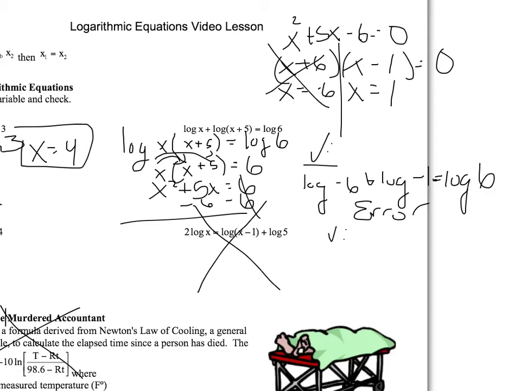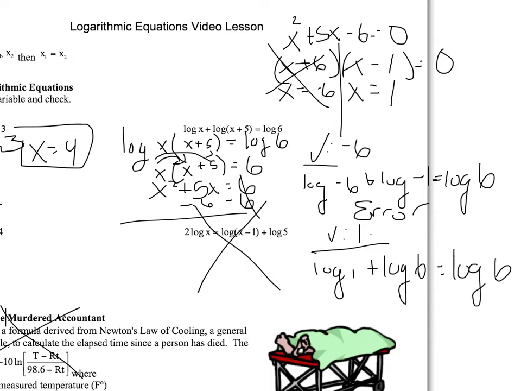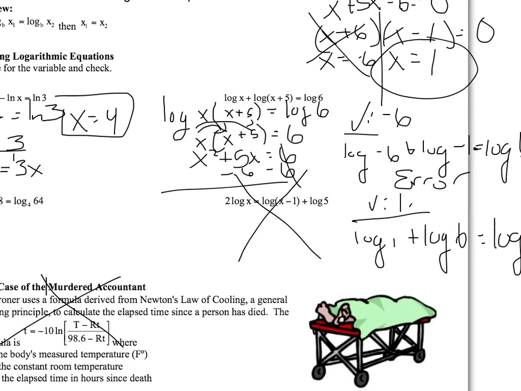Now when I check the 1, I would get log 1 plus log 6 has to equal log 6. And I know it doesn't seem like it's going to be true, but it is true because log 1 is just 0. So you end up getting this one to work. So x equals 1 is your only answer there. That's why it's a good idea to check these problems, because sometimes you do get answers that don't actually work and you have to cross them off.